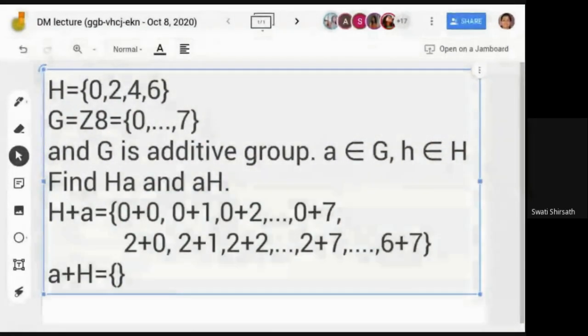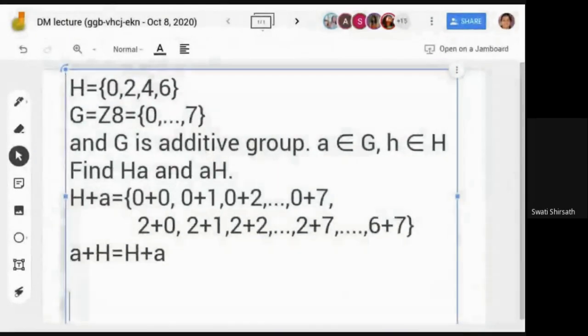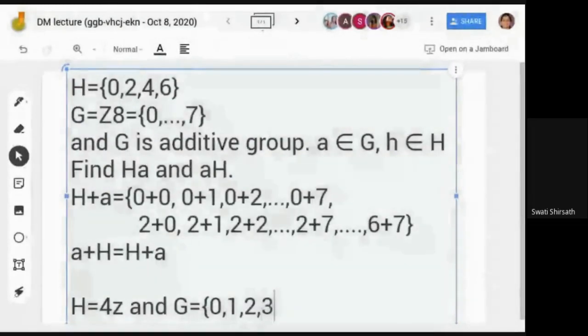Those who have solved, I will give you another example to solve. H is equal to 4Z and G is equal to 0, 1, 2, 3. Again, G is an additive group.